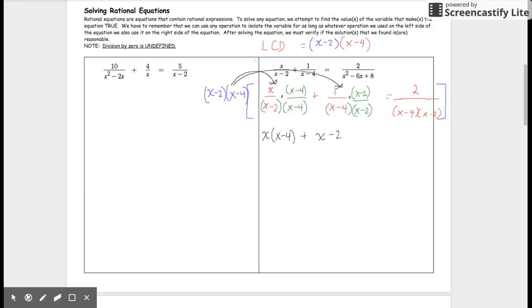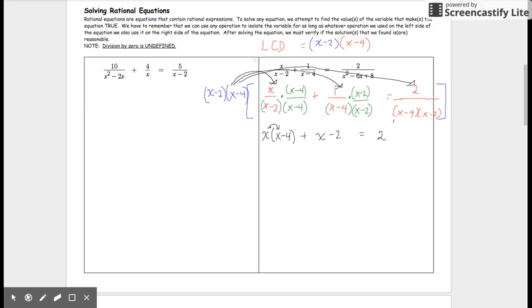I'll just put x minus 2 equals, and then when we multiply the LCD by this fraction, the denominator cancels and we'll just have 2. Okay, and then we continue solving. This is now easier to solve because there's no more fractions.